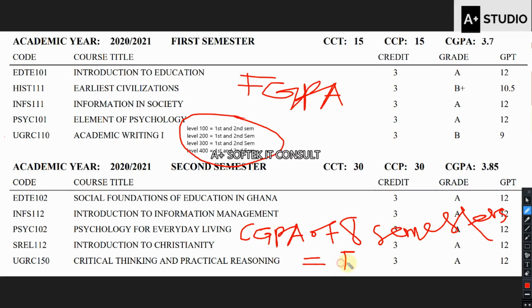So that is the final semester at the university. So when we cumulate, or when we find the CGPA of the whole 8 semesters, that becomes the FGPA at the University of Cape Coast.